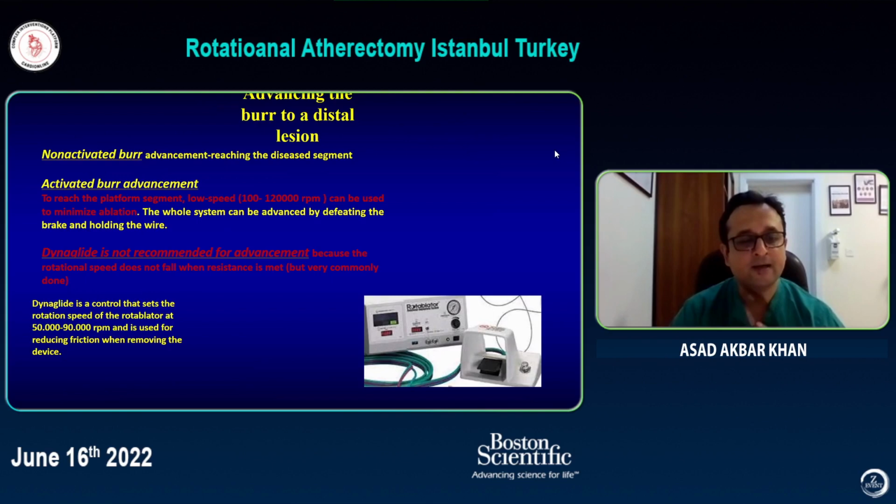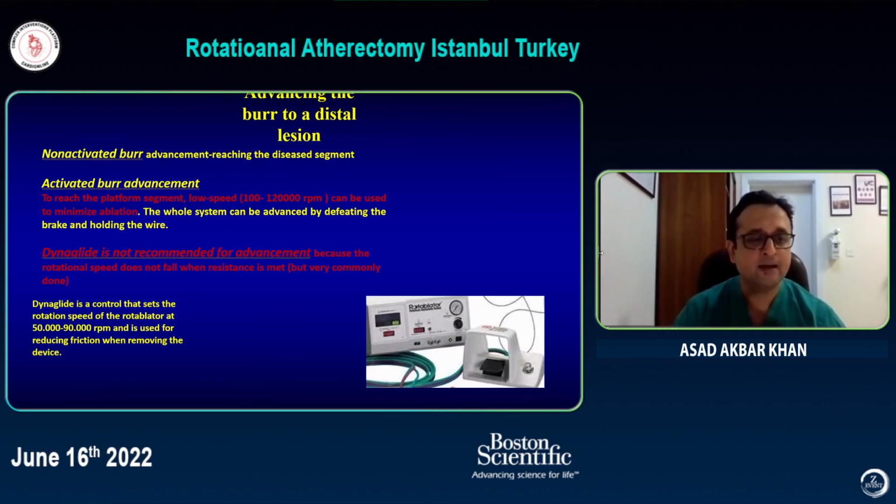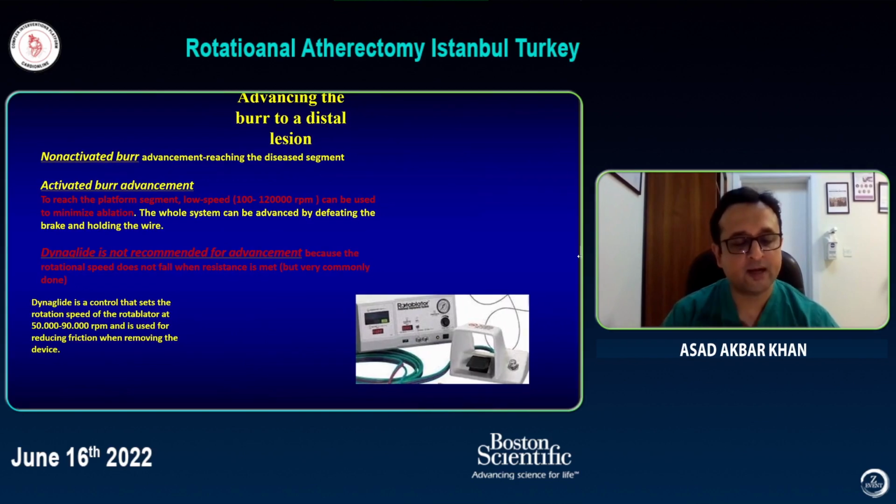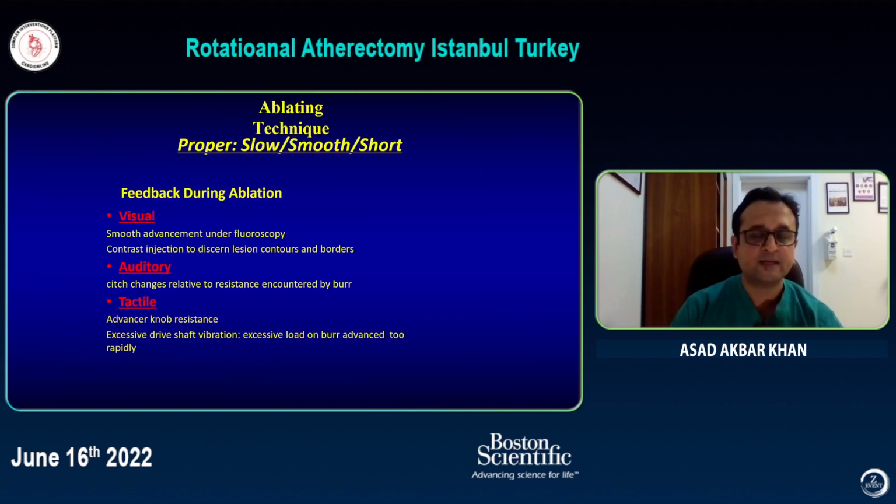But what Dynaglide does not provide us is the drop in acceleration if it's entering a diseased segment, and you might end up with an entrapped burr before you have even started burring. So what we recommend is maybe taking the burr at a slightly lower pace to avoid rotablating the healthy segment down to the diseased part, and that will help you avoid burr entrapment before actually starting.